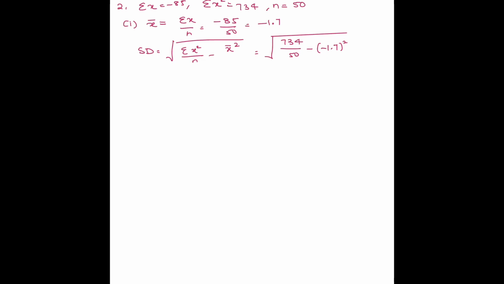Here it will be positive, because negative 1.7 squared is positive. All right, let's try that. So the answer is 3.43365, approximately 3.43 to 3 significant figures.